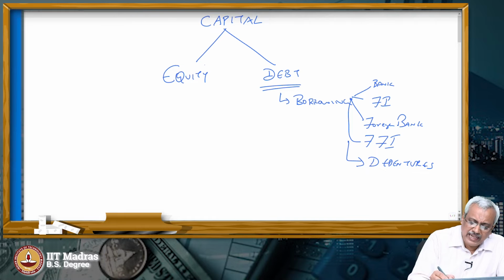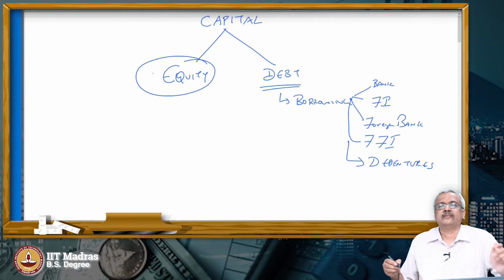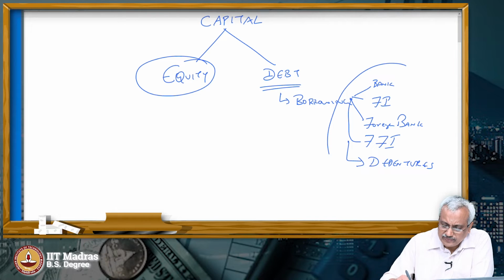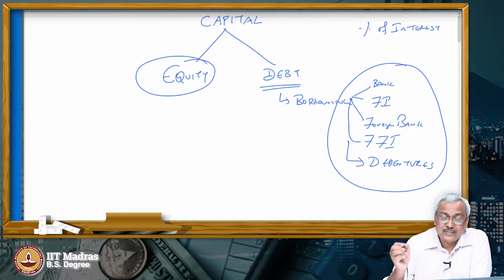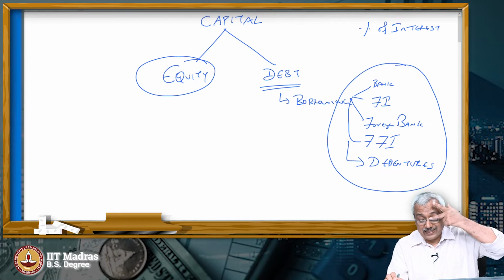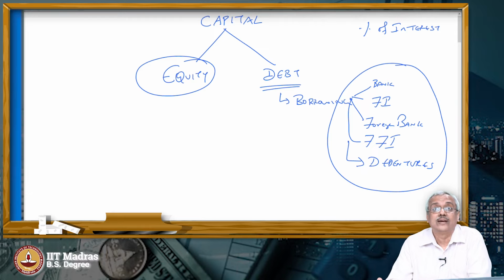All these borrowings will normally attract a percentage of interest. Whether it is fixed interest or floating interest, all that depends on the agreement when you float the debt instrument.